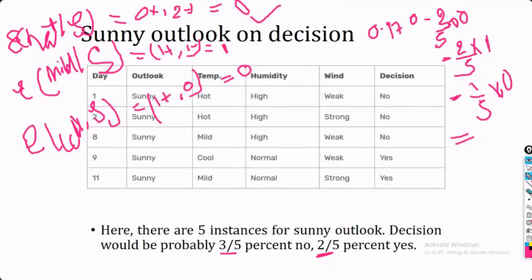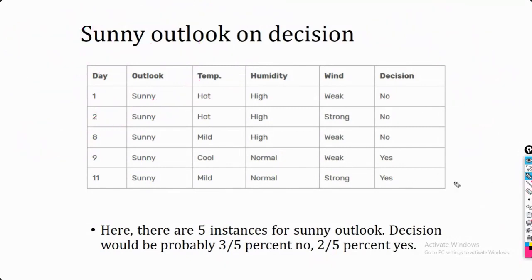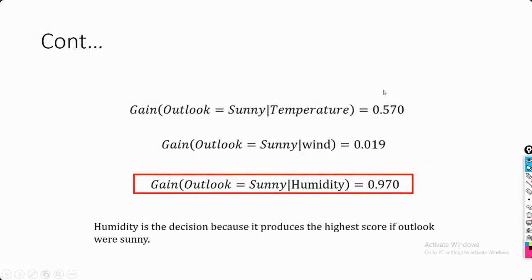Okay. So the same way we are going to calculate for all of the attributes. So for that, what value are we getting? Out of this, humidity is having the highest value compared to temperature and the others. So next, what value am I going to consider?